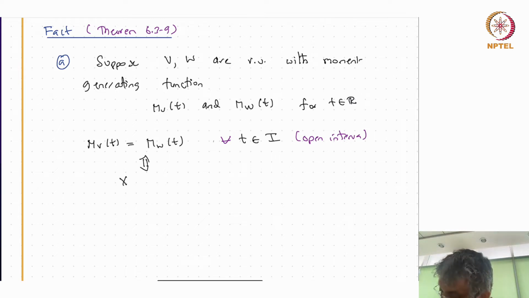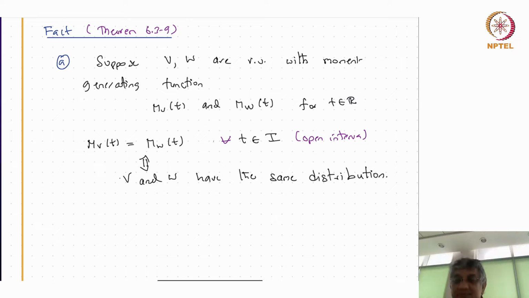Then V and W have the same distribution. That's the one variable case.